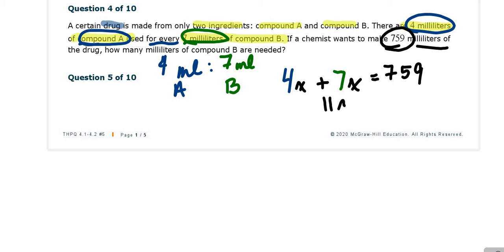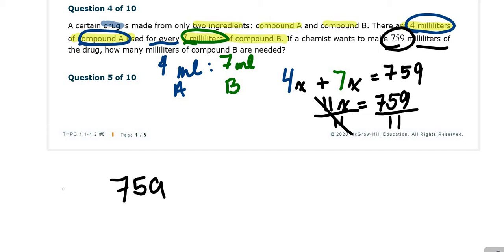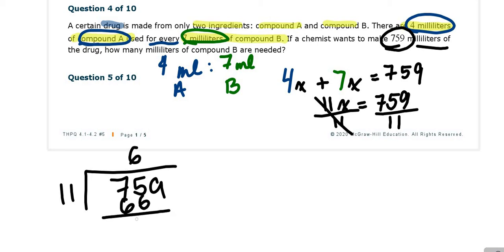This is 11x equals 759. So I'm going to go 759 divided by 11. I know that 11 goes in there 6 times. 66. That becomes 99. 11 goes into 99 9 times. So our value for a single portion is 69.